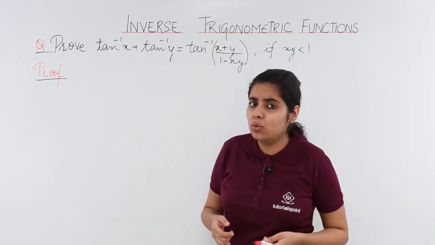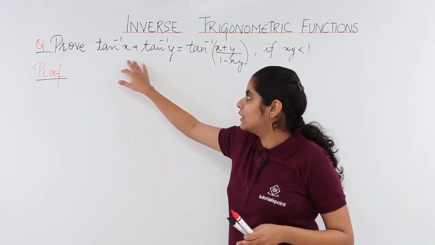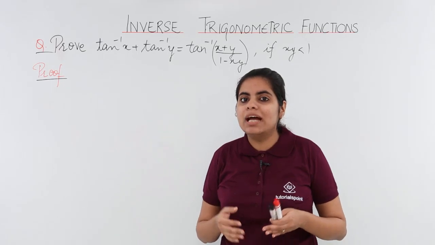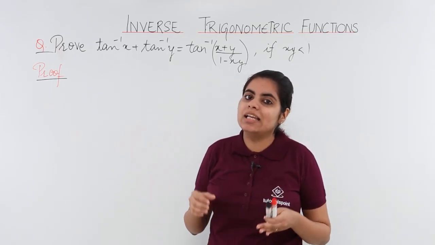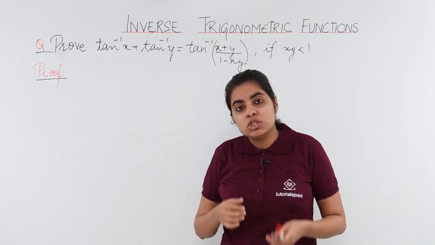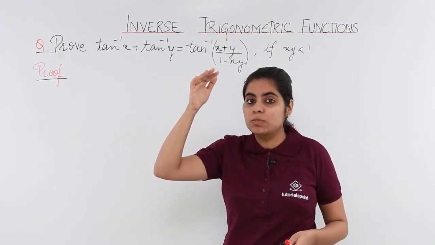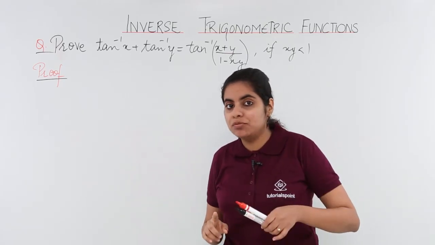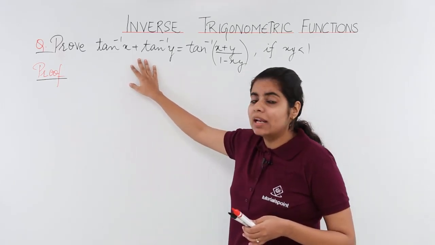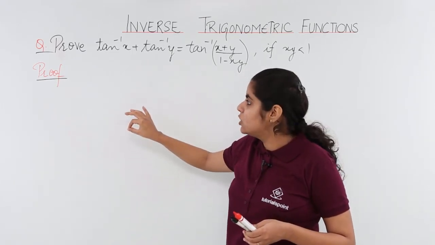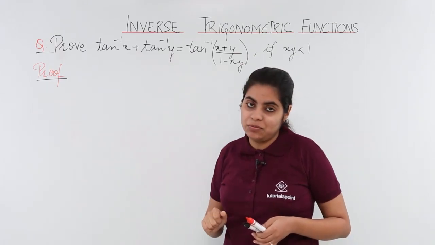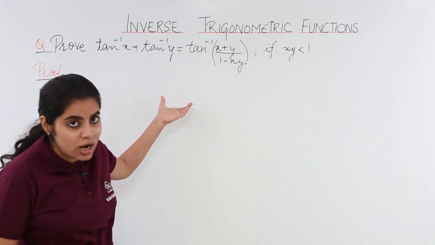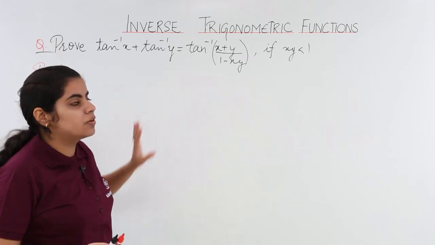If I have two terms added together and I have a formula in tan or tan inverse, I know that tan(A plus B) is tan A plus tan B upon 1 minus tan A tan B. So, I will use my knowledge of tan(A plus B), which I already know from junior class 11th, to get some knowledge about tan inverse x plus tan inverse y. Let's get started, and then we will see what extra things we need. Just write the formulas.